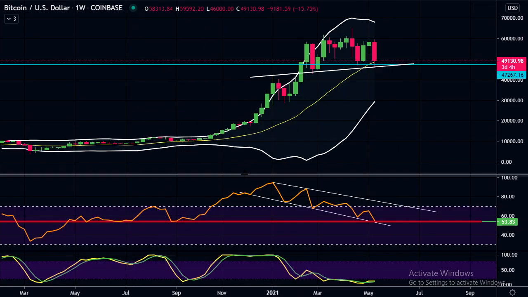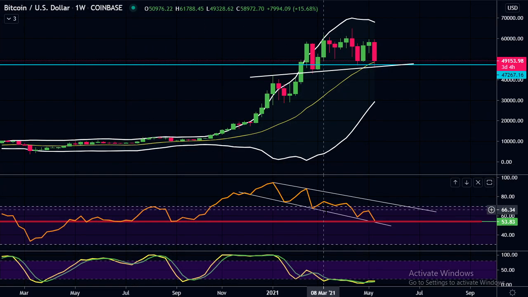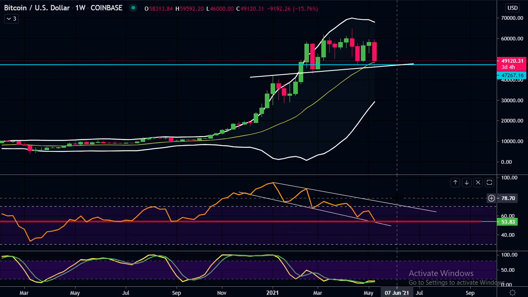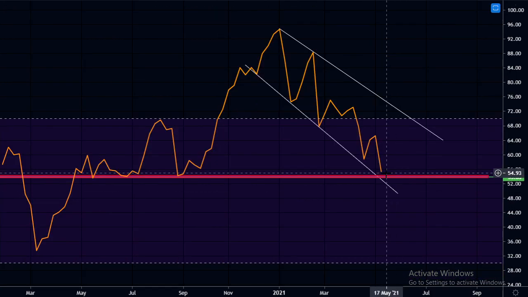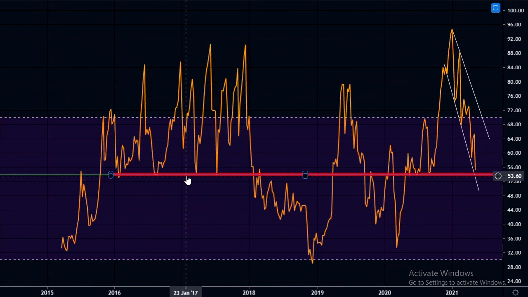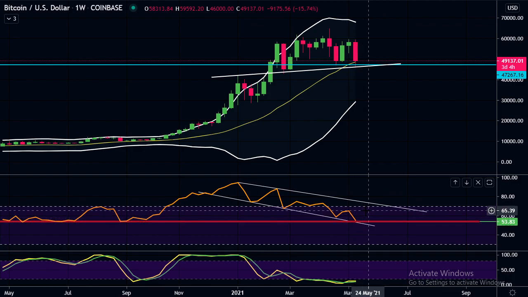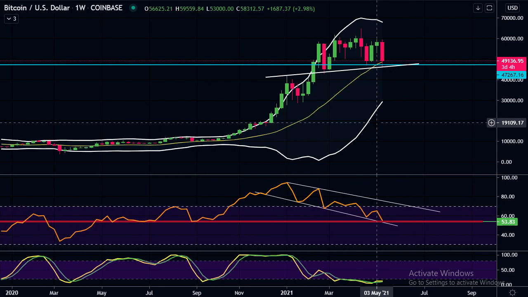And looking at the RSI, we said we were zigzagging down in this channel, and I was looking for us to come back to this red line. And currently we are very close to this red line, and this red line acted as support as we said in the previous bull market here. And again, we'll have to wait for that weekly to close. So if we can get a bounce off this red line, I do think we'll start going higher again and carry on the bull market.